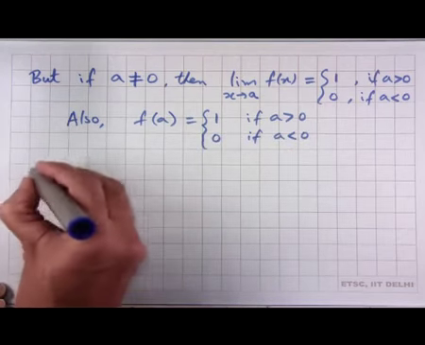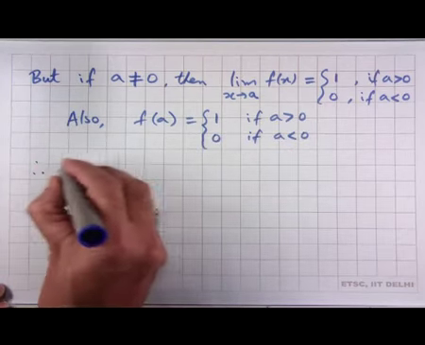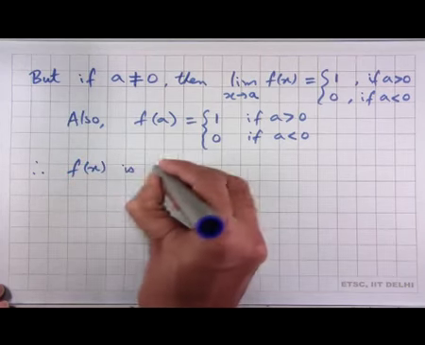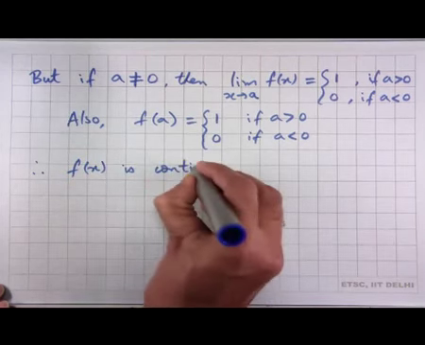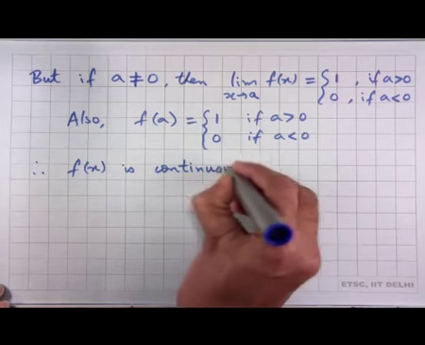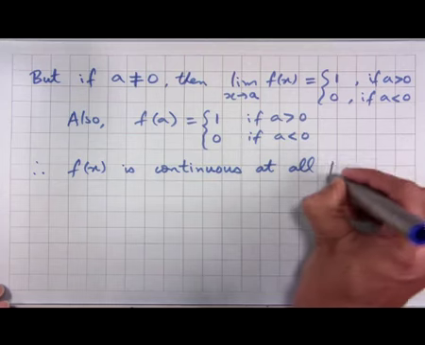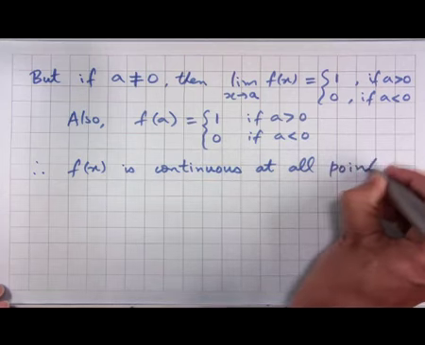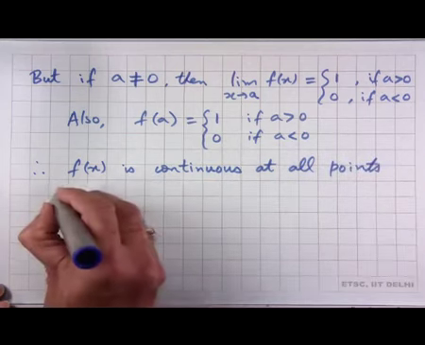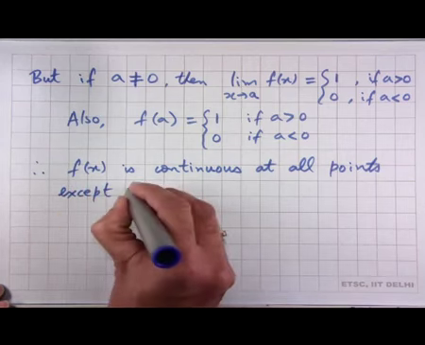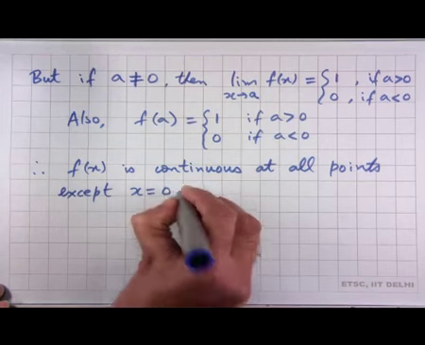So, therefore, the function f of x is continuous at all points except x equal to 0.